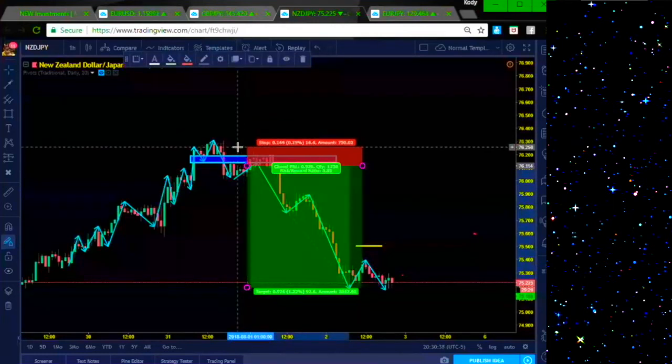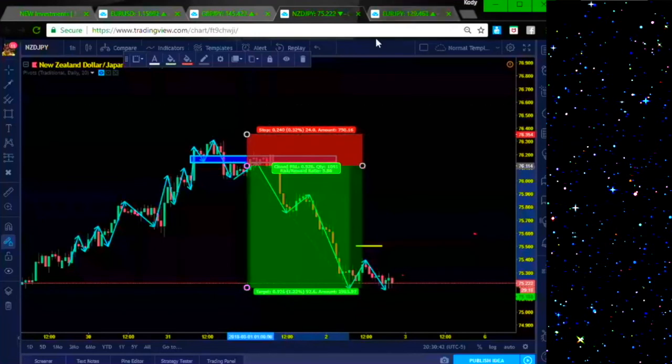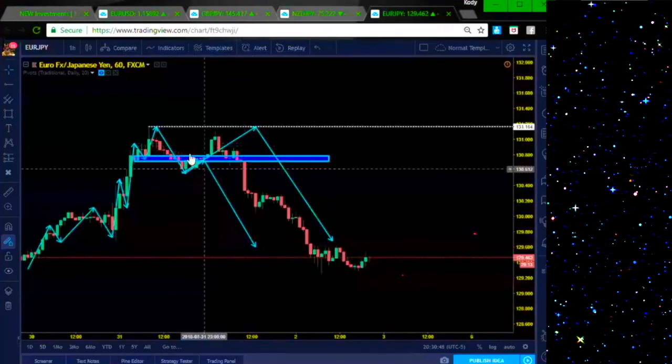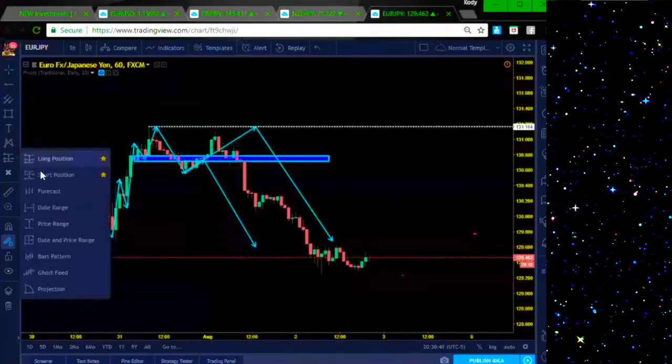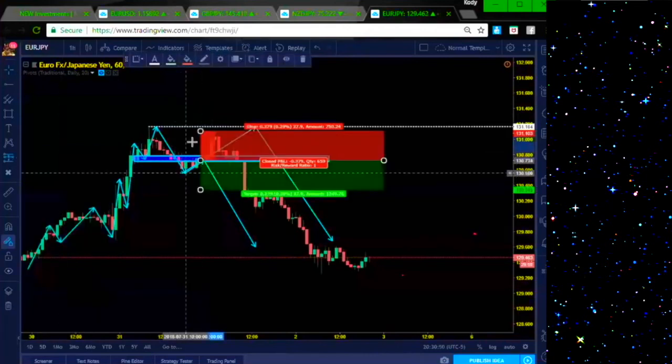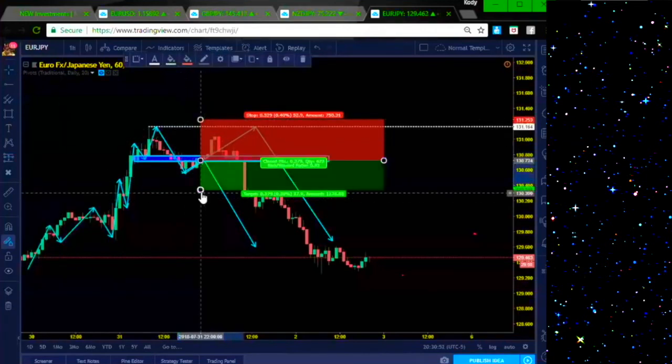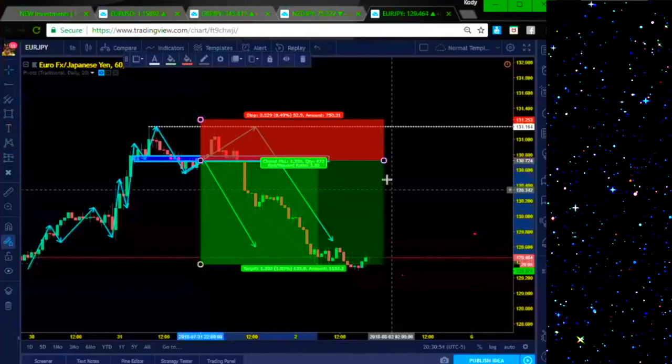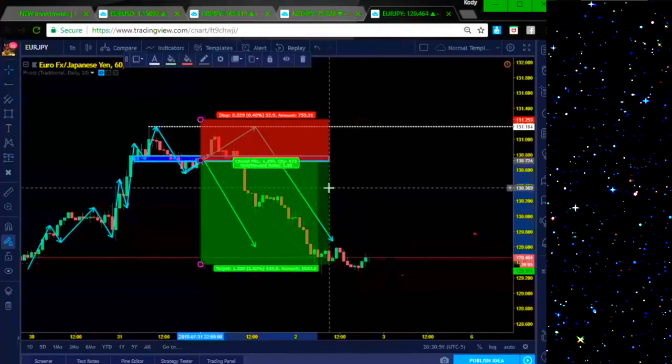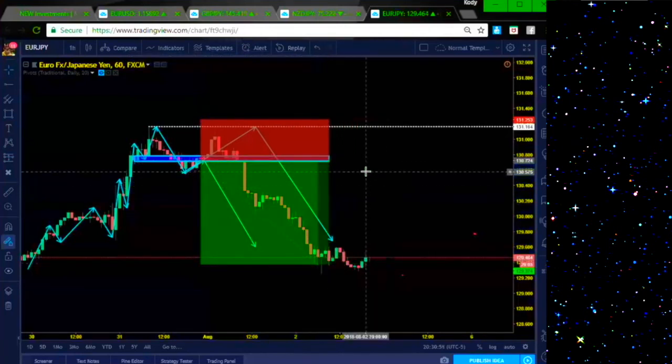I'm not going to put it right here because I know that 30% of the time it will go ahead and do that and take people out. So I'm not going to do that. So in this case, it broke. It retested. I sold. Stop loss above the high. I aim for the lows. Guess whose TP got smashed for 135 pips this morning? Anybody who was trading based on these principles.